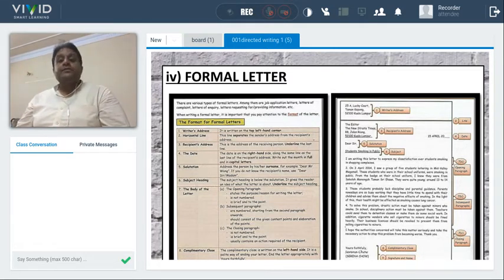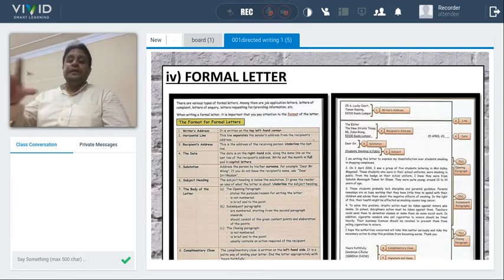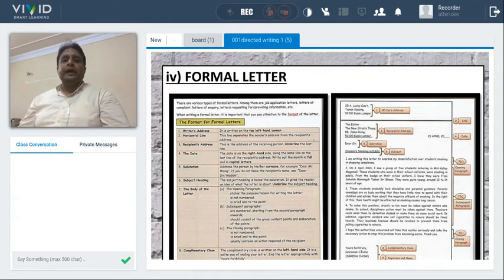After the 5th paragraph, we have the veiled diction, which is the last part of the letter, in which we have something like yours sincerely, yours faithfully, or yours truly. You end with yours sincerely, and then you write your name as the writer.